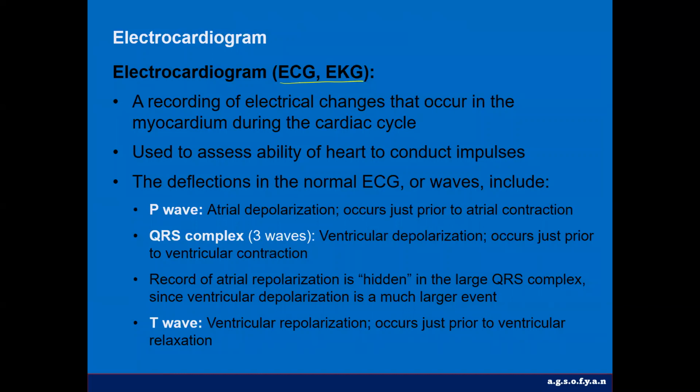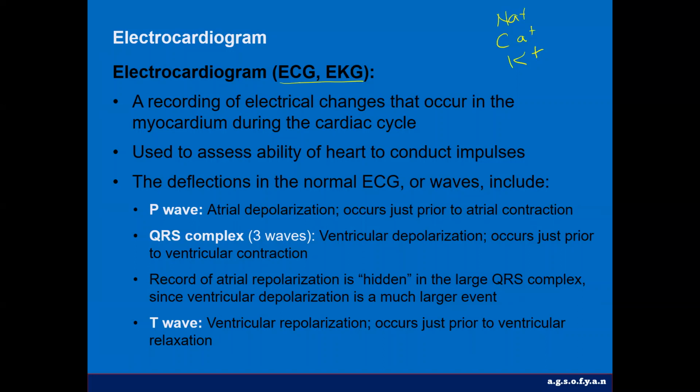Mostly it will measure the concentration of sodium, and then calcium, and potassium in our body. Okay, so during that cycle, the sodium, calcium, and potassium will change their concentration during this cardiac cycle.